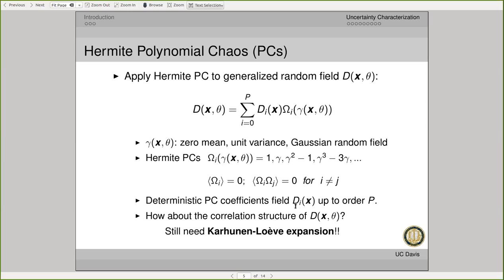But how about the correlation structure of this random field? We still have not talked about the correlation of this random field. The correlation structure needs to be captured by this underlying Gaussian random field, and we will use a tool called the Karhunen-Loève expansion to do that.